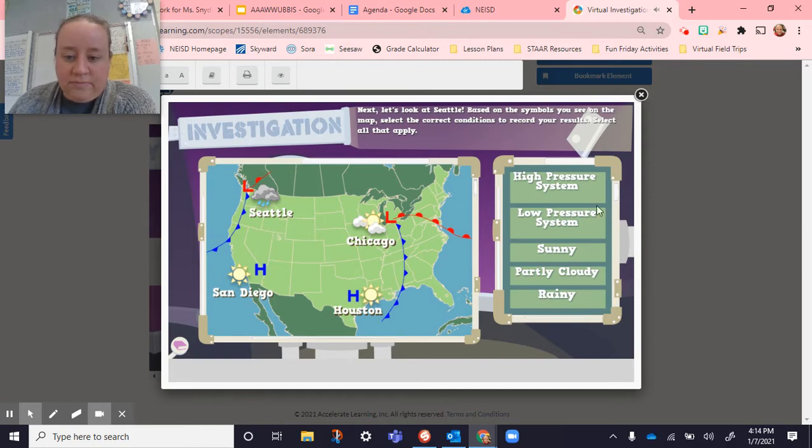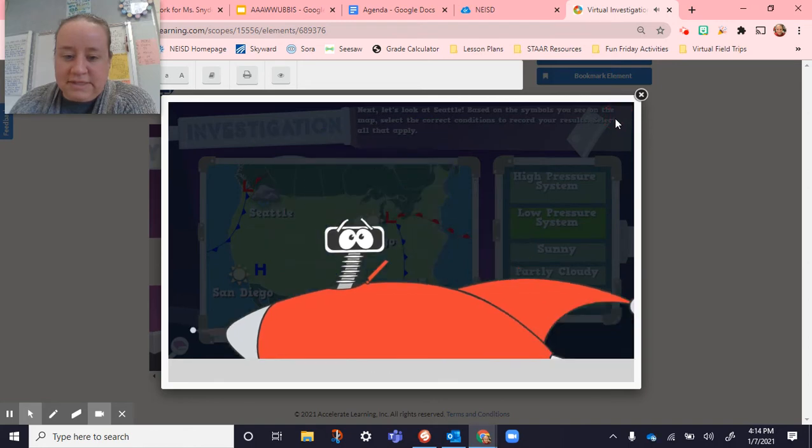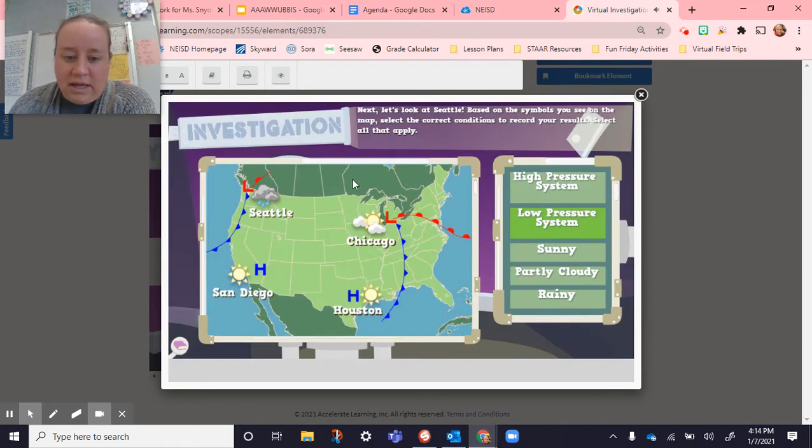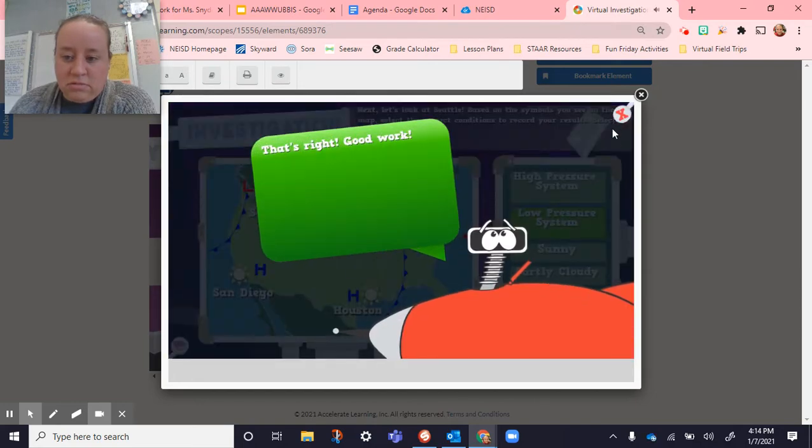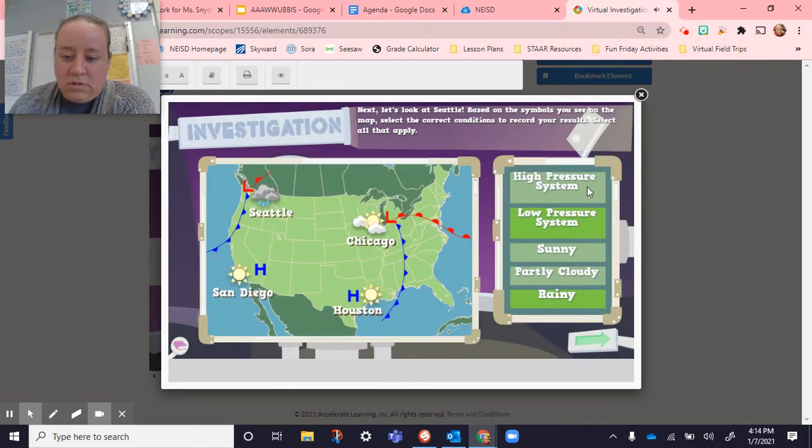Now, Seattle has the low pressure system because I see the L there. It's rainy, and it has that cold front there, but it's not asking me about that, so let's keep going.